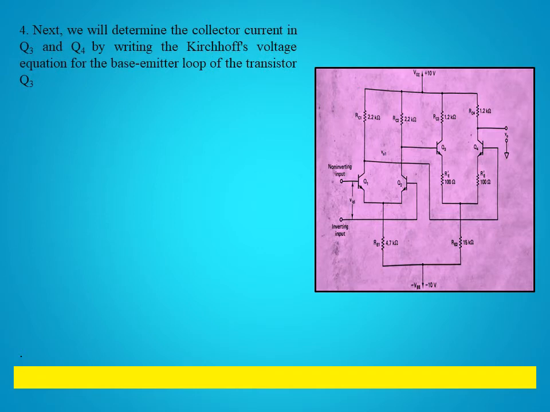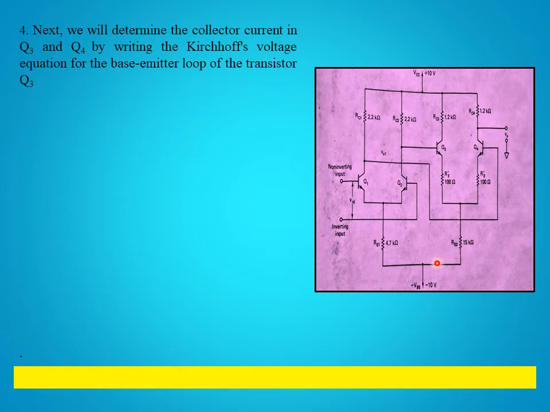Next we will determine the collector current in Q3 and Q4 by writing the Kirchhoff's voltage equation for the base emitter loop of the transistor. Now we'll be taking this loop, starting from here, going through here, and again here, and then here.